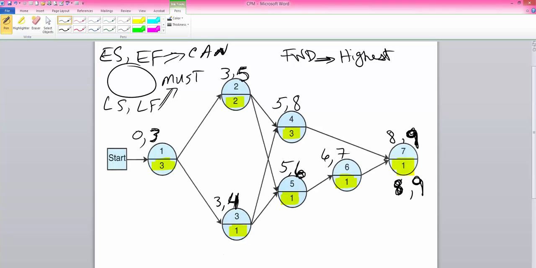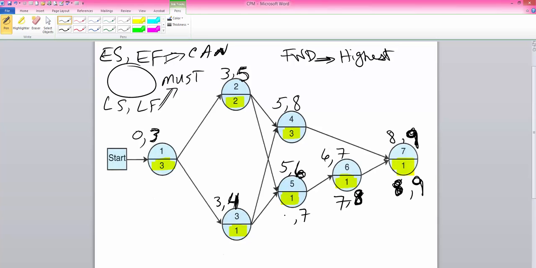Okay, so this 8, which is the latest start for activity 7, I will use that for activity 6 as the latest finish time, so that activity 6 can accommodate activity 7. So this 8 minus 1 is 7.